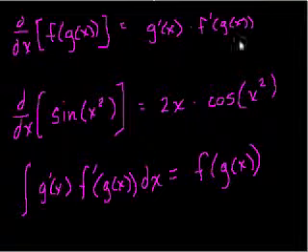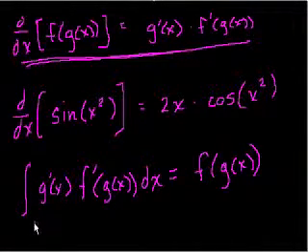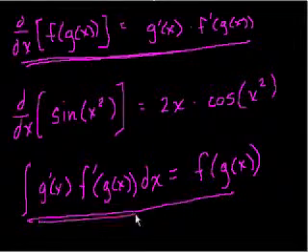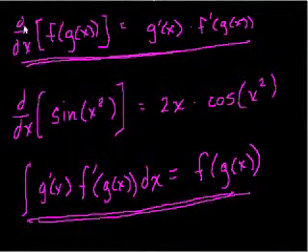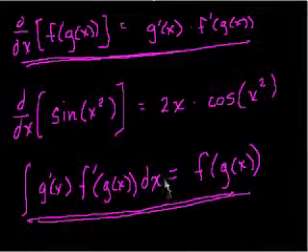This statement up here is the exact same thing as this statement down here. All I did is take the integral of both sides. I probably shouldn't have switched equal signs like that with you, but let's use this formula. All you have to know is this is the reverse of the chain rule to solve some problems.